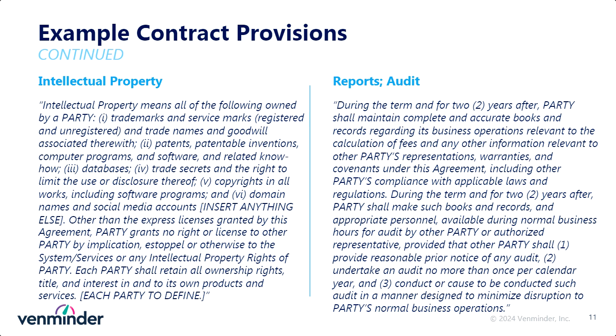And the final two are intellectual property and reports and audit. So intellectual property, of course, is being sure that each party is protecting their owned property, their owned trademarks, patents, deliverables, their own proprietary information about how they're doing something, especially if you are the one providing the service.